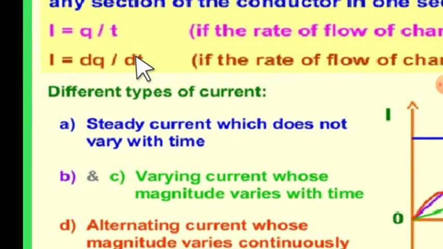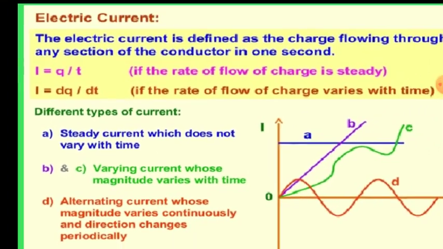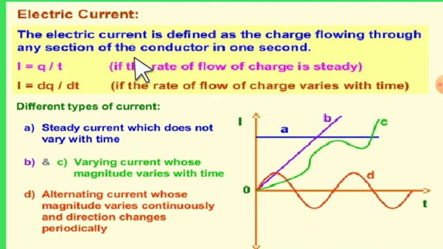Now let's try to see the different types of current that we find in our day-to-day life, and we can divide current into two main types. The first one is steady current, and the second one is varying current. Steady means constant, uniform.